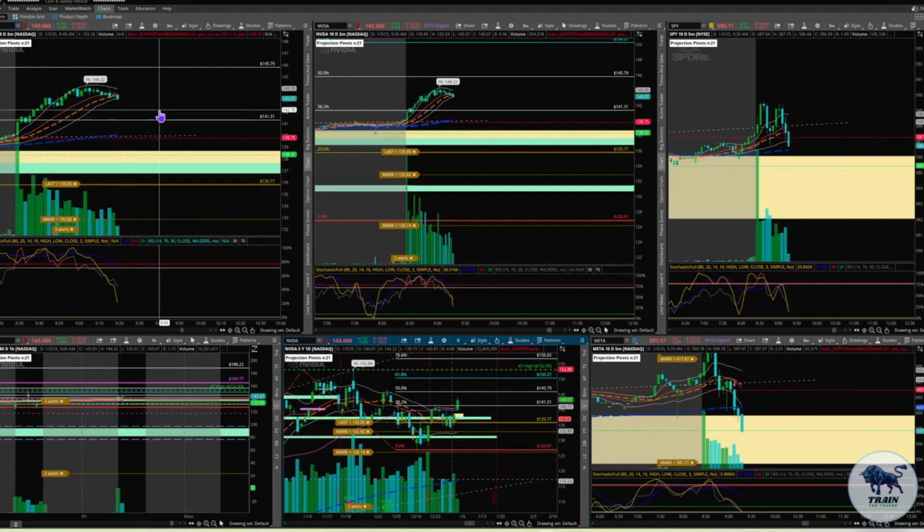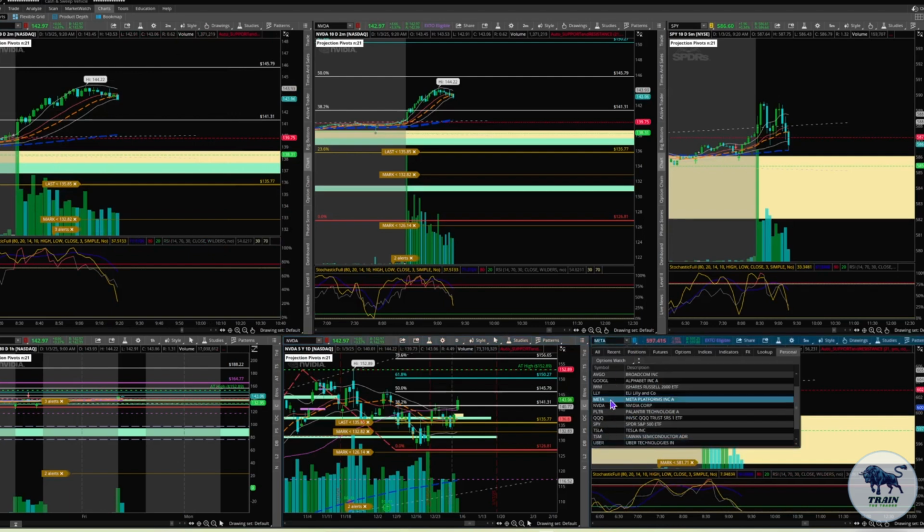But right here, Nvidia, man, this is tough. I think Nvidia is gonna come down right here. I might get in a short. Let's try one. No, I'm not gonna do that. If anything, I would do that on Apple or AVGO.